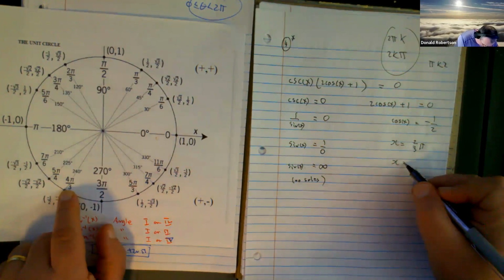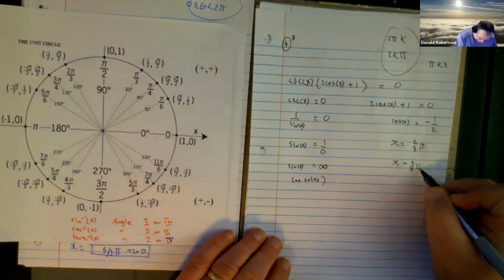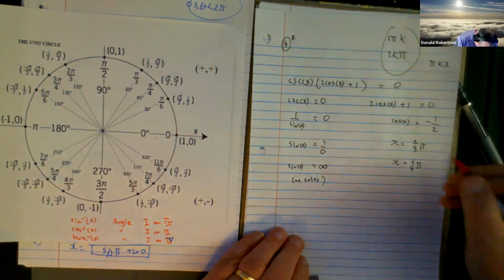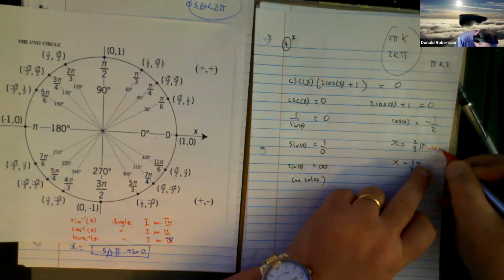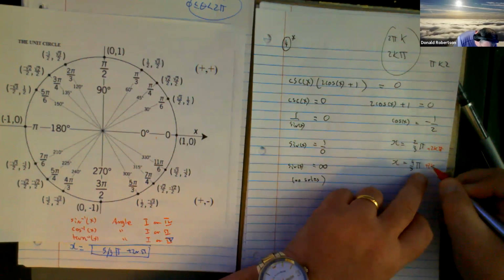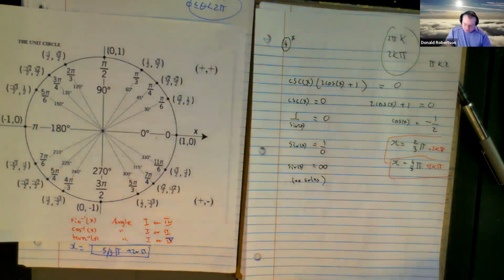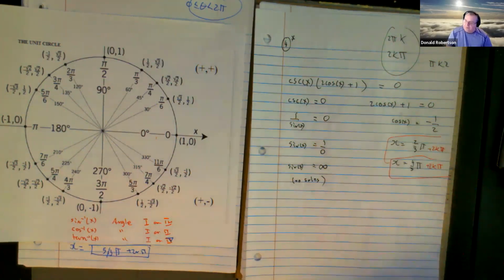I'm going to get 4/3 pi. And it's so easy to forget. I was about to, but now I'm going to remember the right letters. There's the 2 solutions for the 2 boxes that you do have. Are we cool on that? Right.